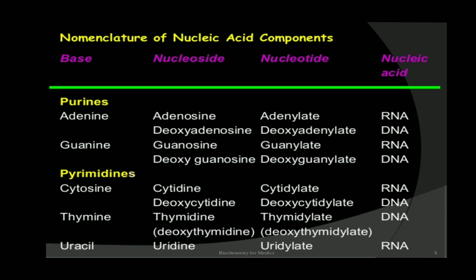Deoxycytidine, when a phosphate group attaches, becomes deoxycytidylate, and thus it's found in the DNA.